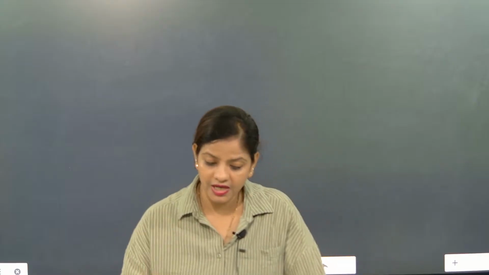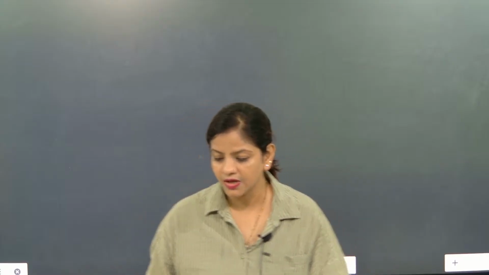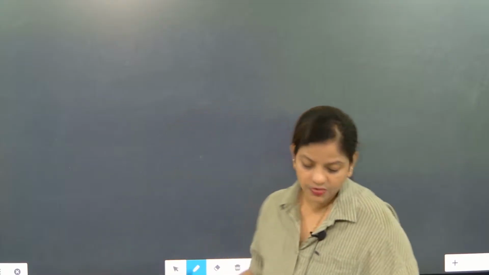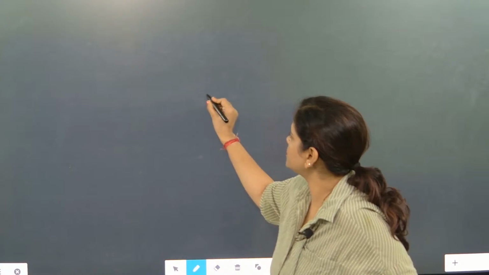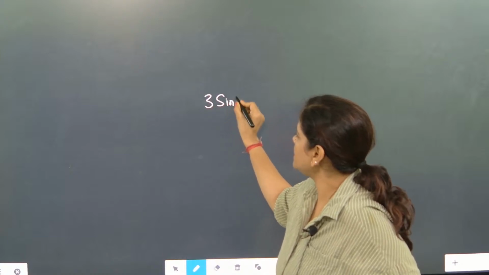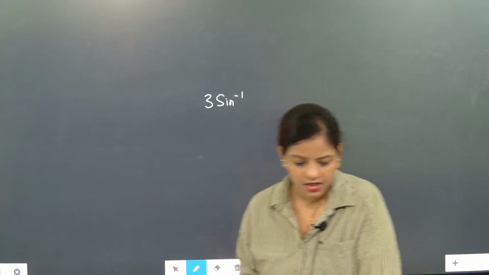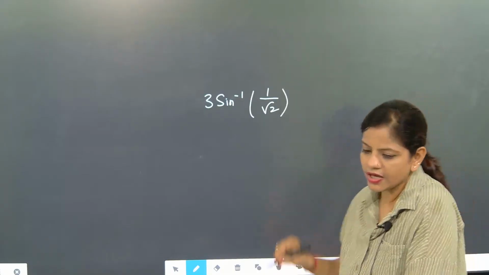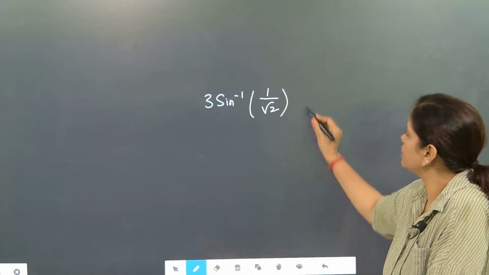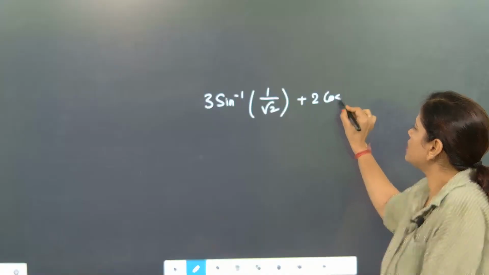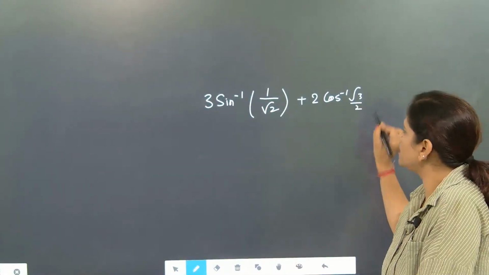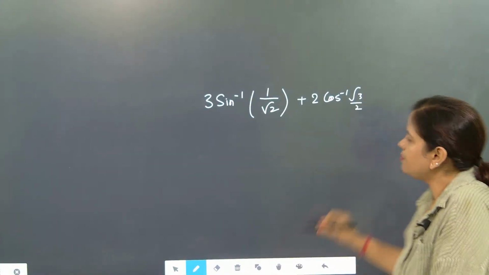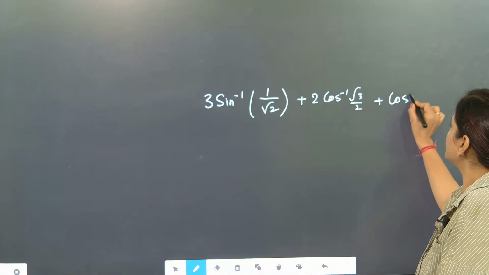This question came in CBSE 2023. Now solve this question, beta. The question is 3 sine inverse 1 by root 2 plus 2 cos inverse root 3 by 2 plus cos inverse 0.